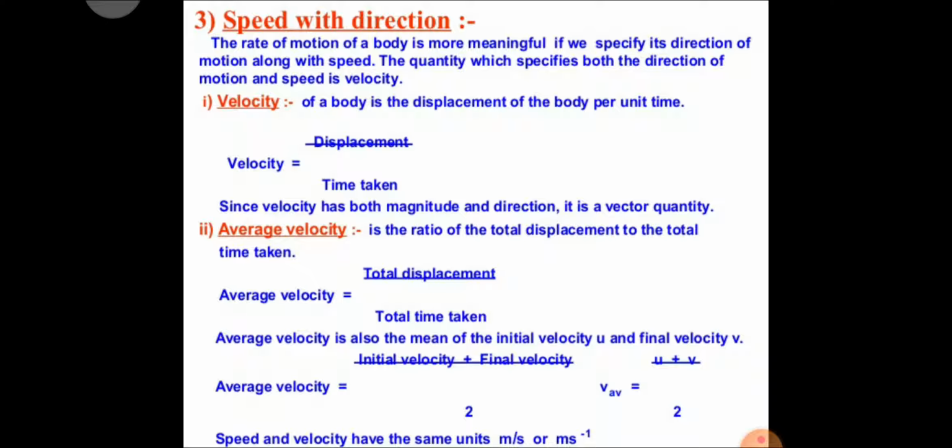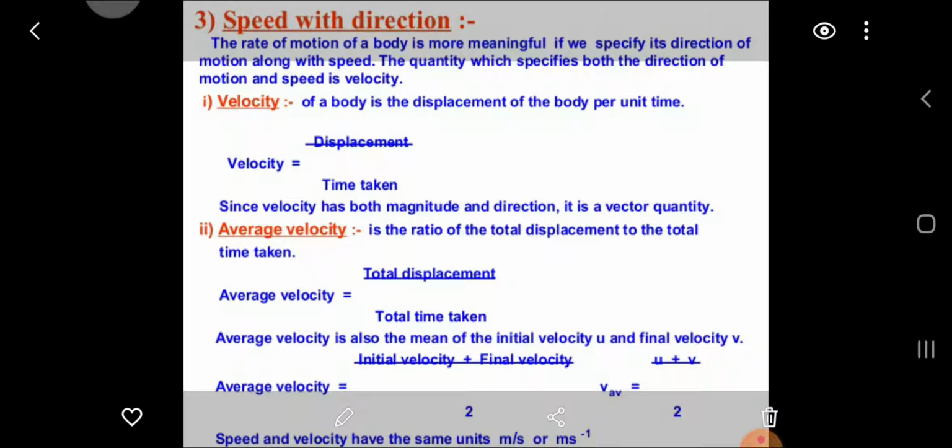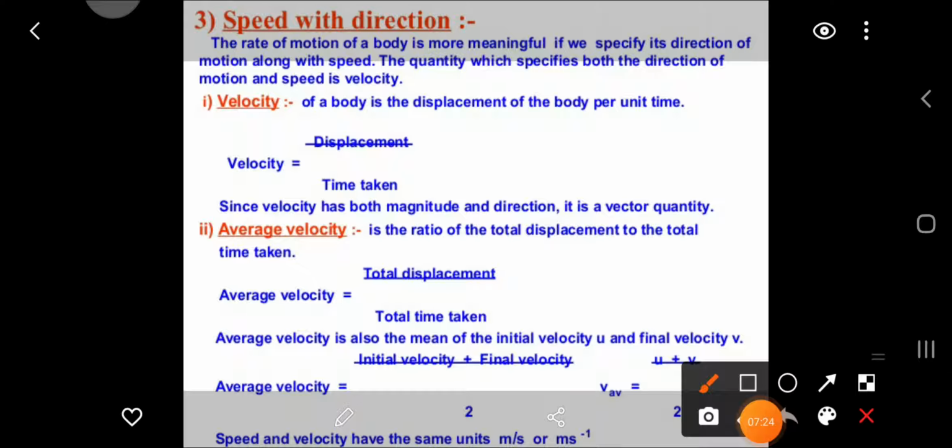So we have the formula: velocity of a body is the displacement of the body per unit time, that is velocity equals displacement upon time. Since velocity has both magnitude and direction, it is a vector quantity. We know that vector quantities are those which have magnitude and direction.